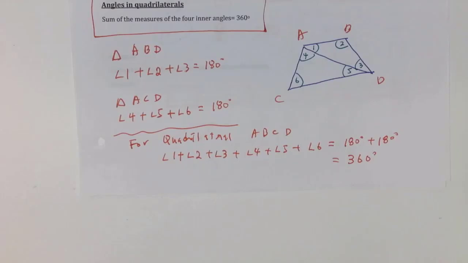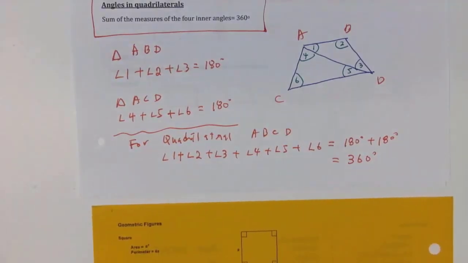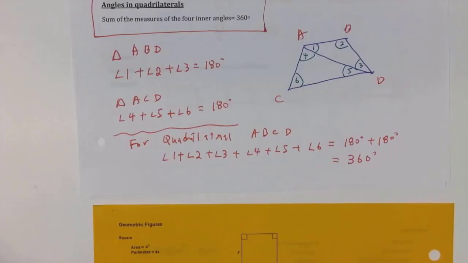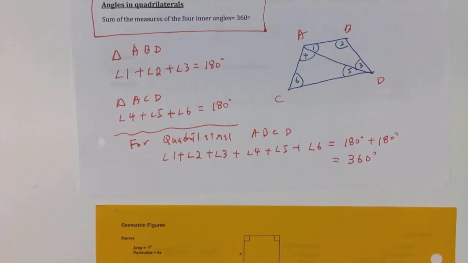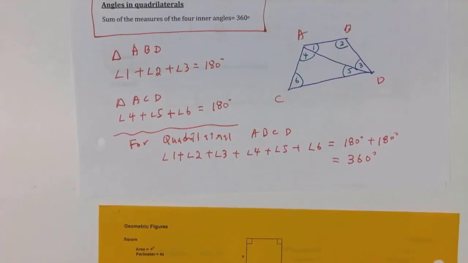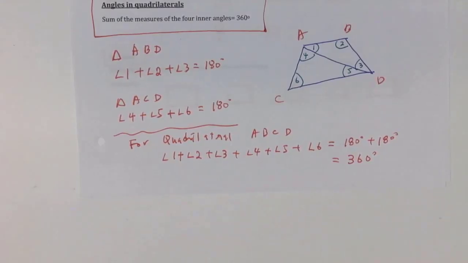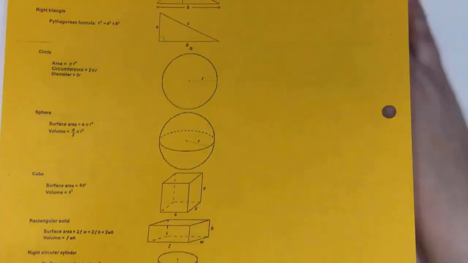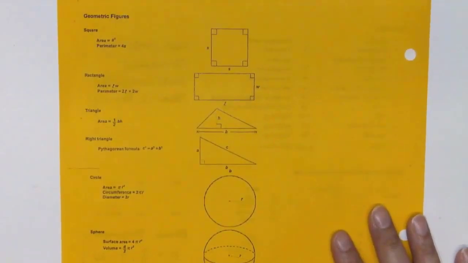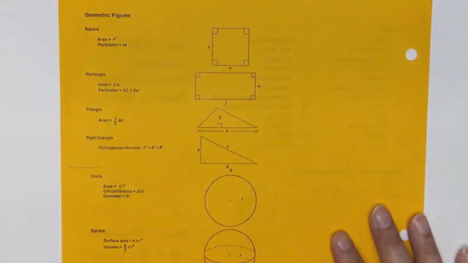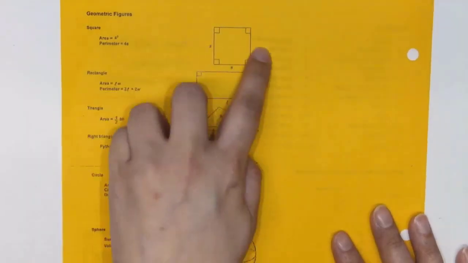So one of the handouts I gave you last time has the formulas for finding the area and perimeter of a square, rectangle, triangle, circle, sphere, cube, rectangular solids, and right circular cylinder. So that's for your information. If any question on the test asks you to find area or perimeter, the formula would be given to you. But you need to look through this because we assume you have some idea how to find area and perimeter, okay? Area is like in here, perimeter will be the outside part, right?